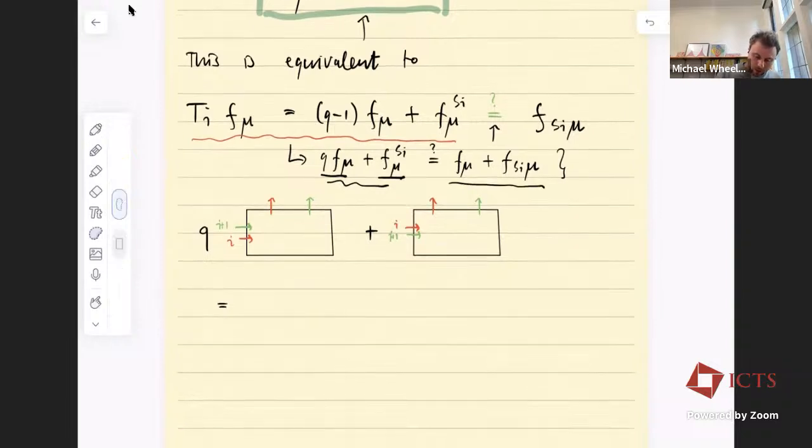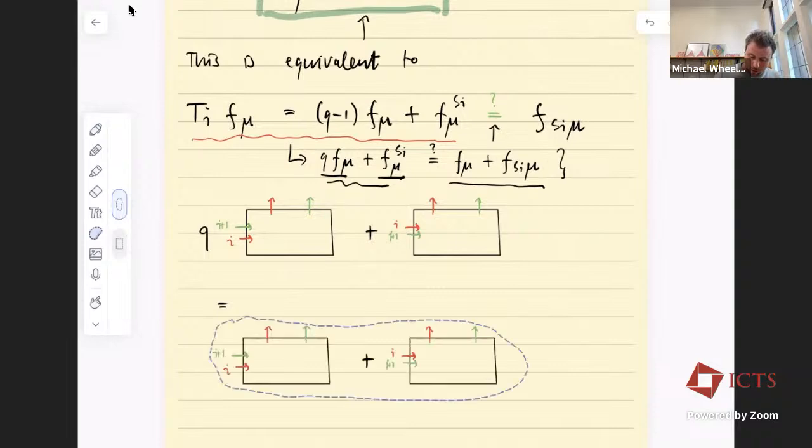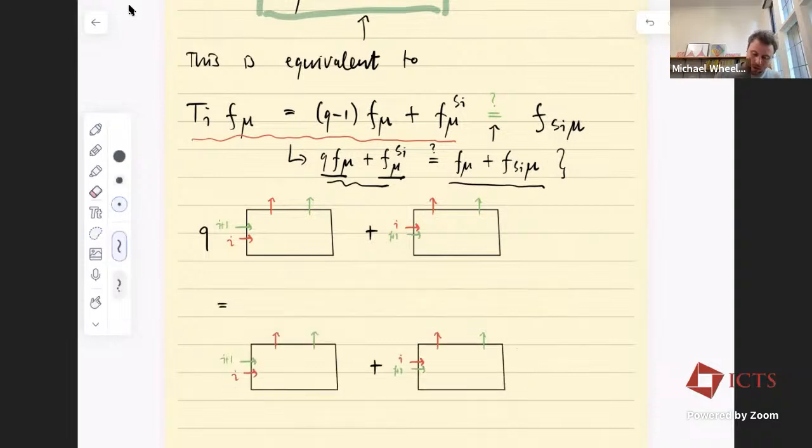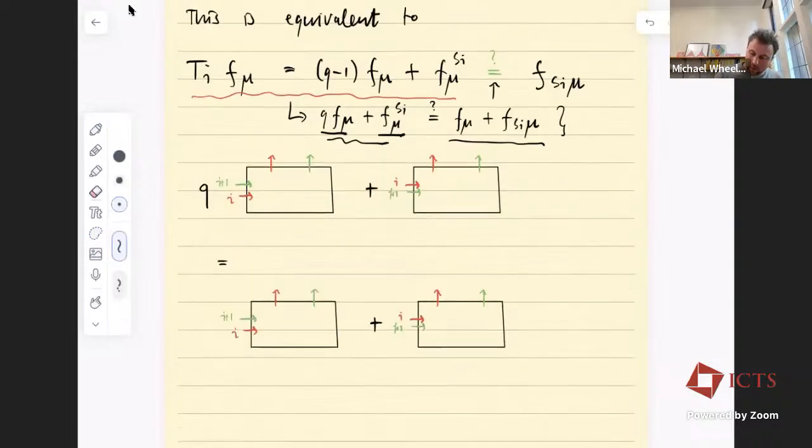And that one is very similar. So for that one, what will change?